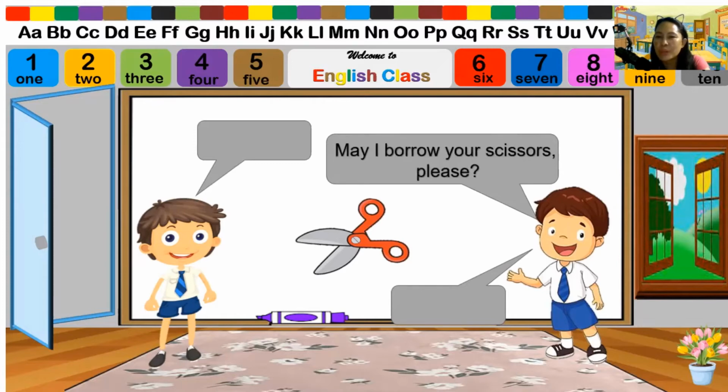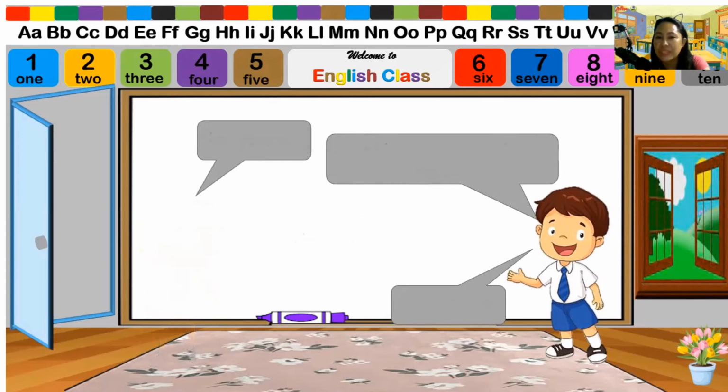May I borrow your scissors, please? And then, if he's allowing you to borrow, we will say, yes, you may. Good job. And then, what are we going to say if he allows us to borrow? Okay, we say, thank you. All right. Let's keep moving.